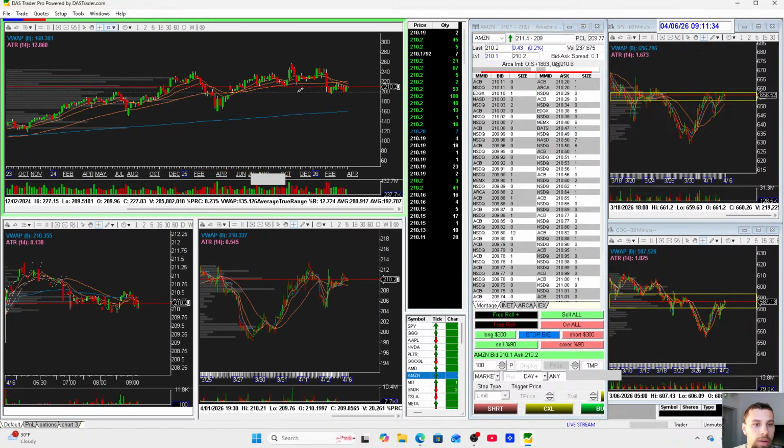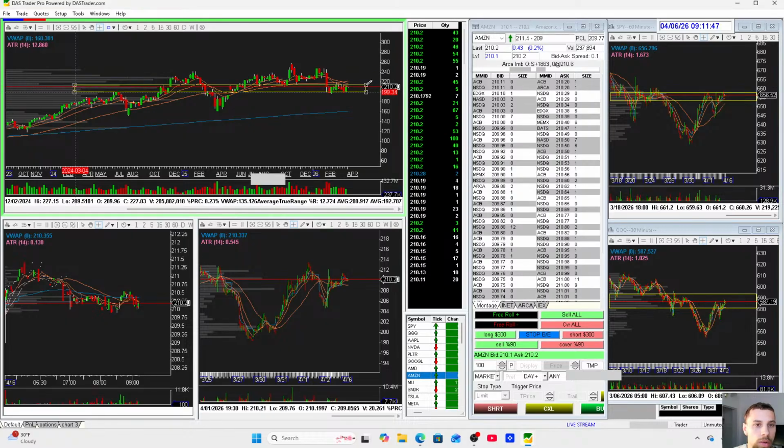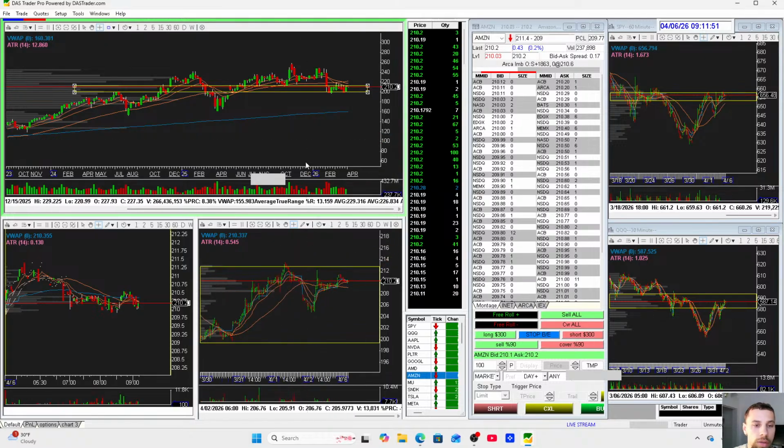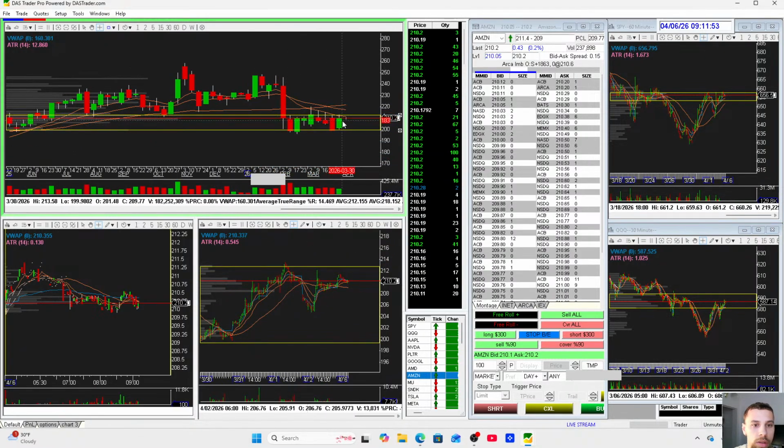Amazon clear area of support being basing it off this right here. About 201, $200. 200's a pretty significant key level here. Area of resistance, it's been stuck in this range, you can see.